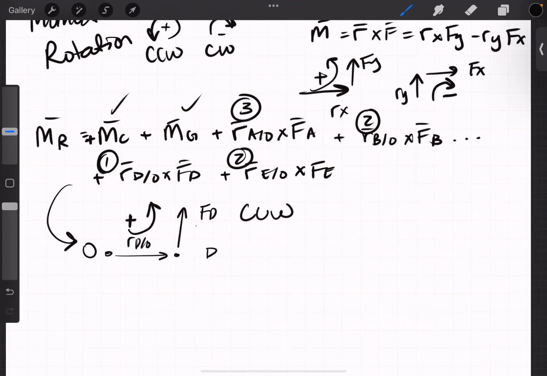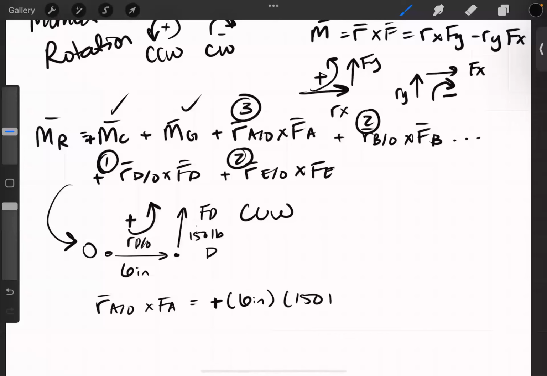The magnitude of RD with respect to O is 6 inches. The magnitude of the force of D is 150 pounds. So our R with respect to O crossed with F is equal to a positive 6 inches times 150 pounds.